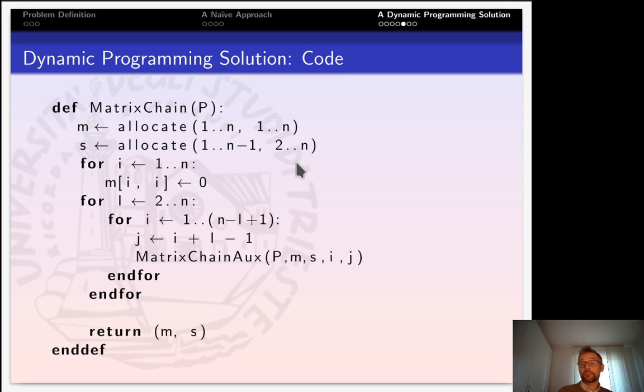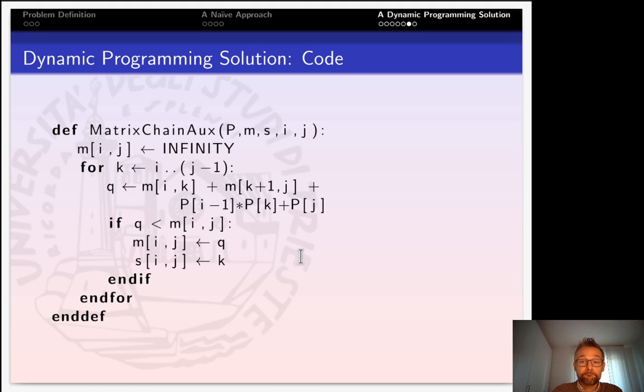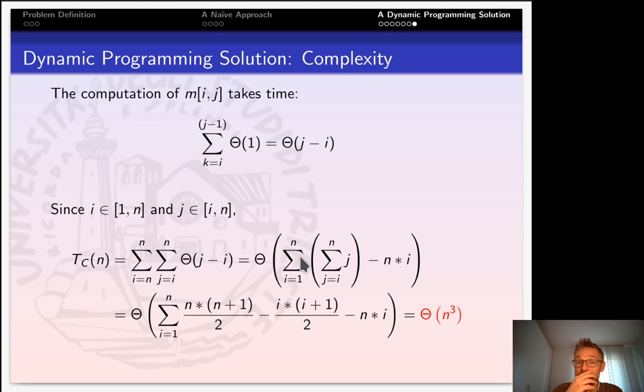This is the pseudocode. I don't want to go through it because it's quite easy, just have a look at it. By looking at the code, we end up discovering that the computation takes time theta of n cube. Please have a look at the calculus concerning the computation, but it's not that difficult to understand.